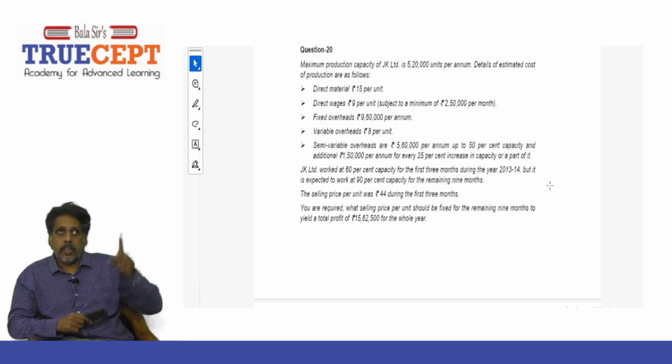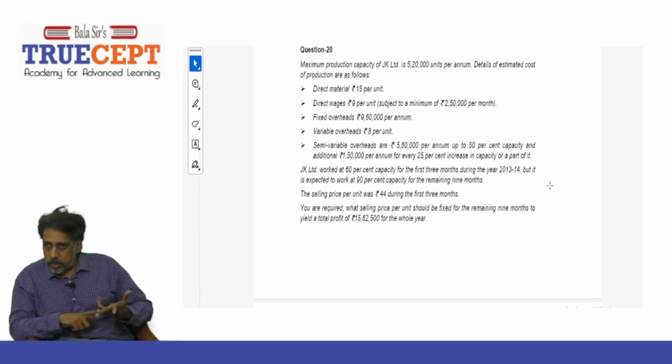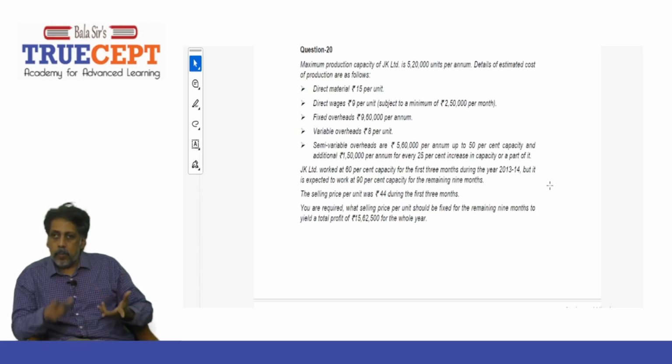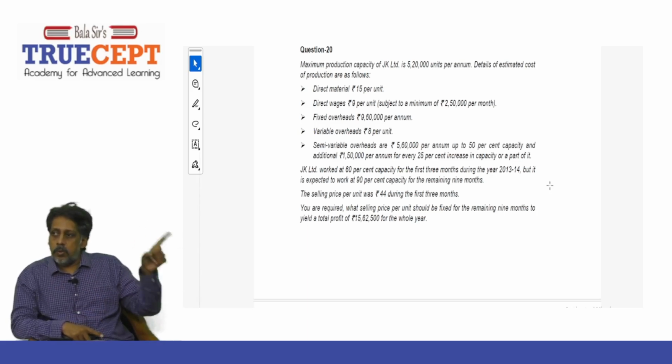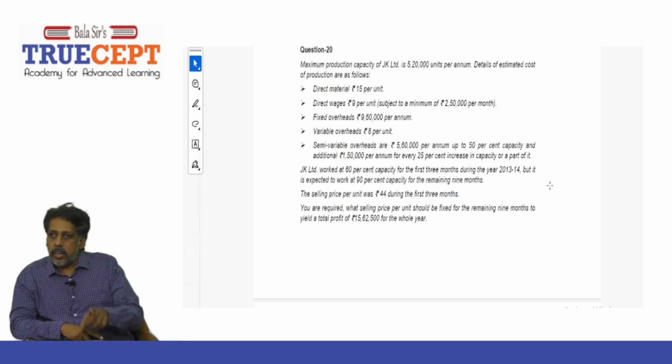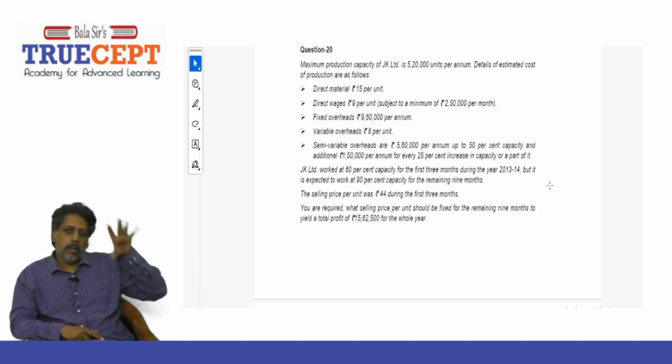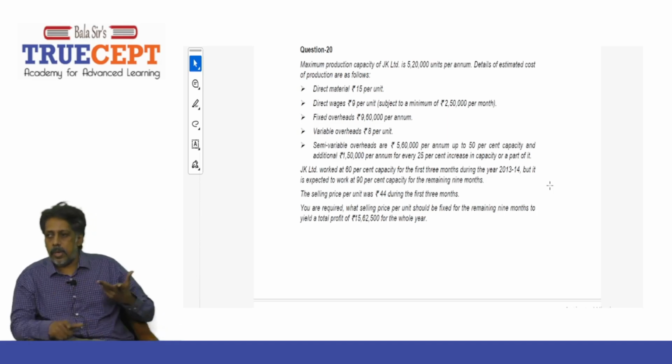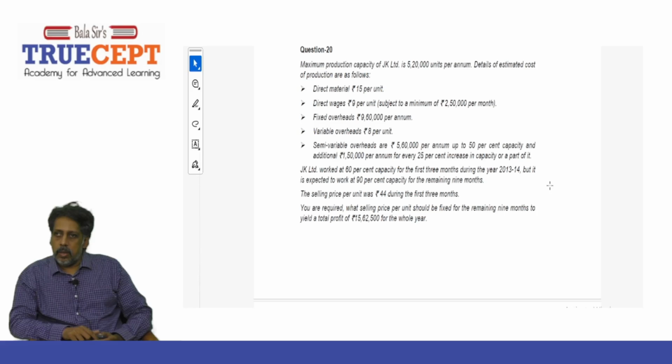Even electricity is another example: we had to pay a minimum meter rent, plus an amount based on the number of units of electricity consumed. Those are good examples of semi-variable. But here it's a step cost, because up to 50% it is so much, beyond that it will increase.